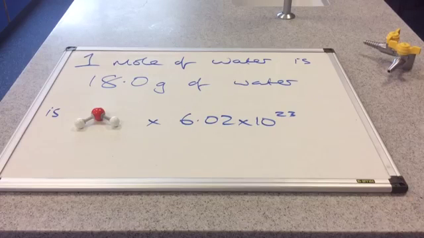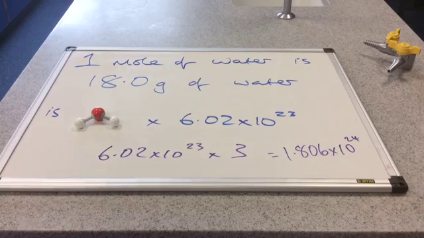Now sometimes in exams they crank up the difficulty by going on to ask how many atoms are in a mole of water. So have a look at the information on the board now and see if you can work out how you would do that.